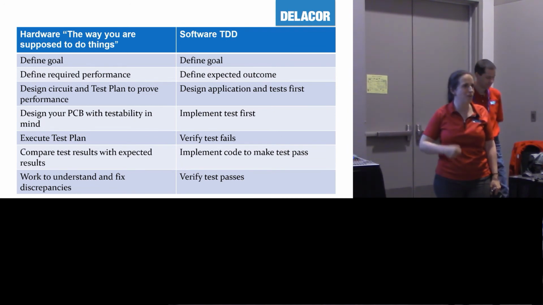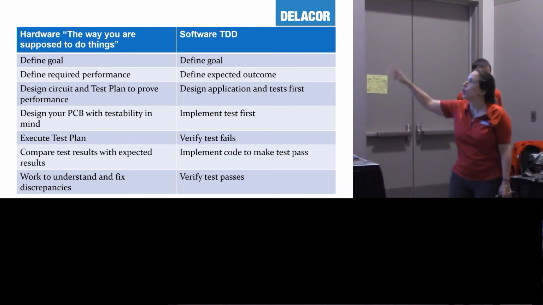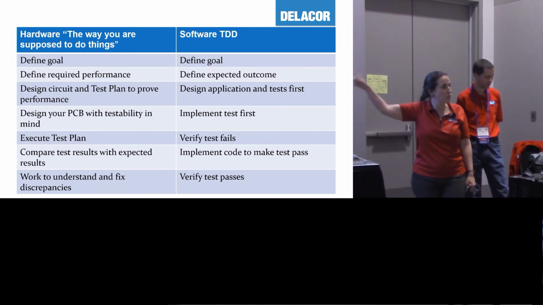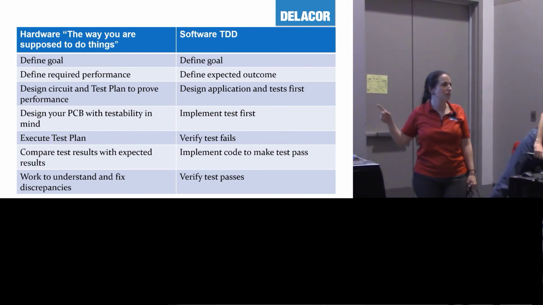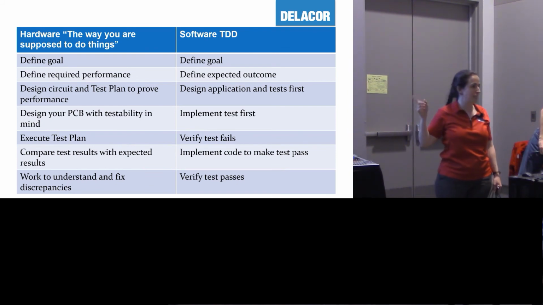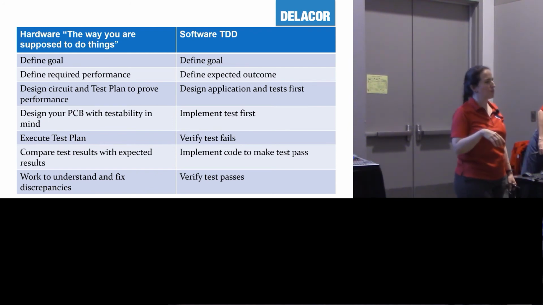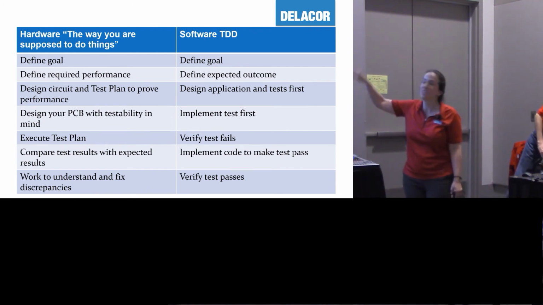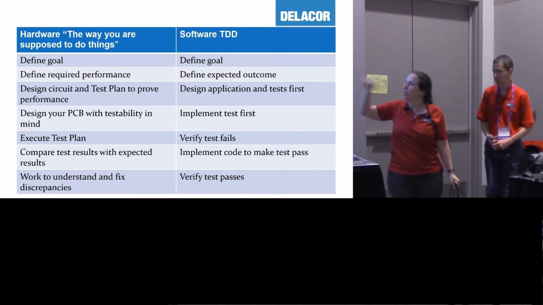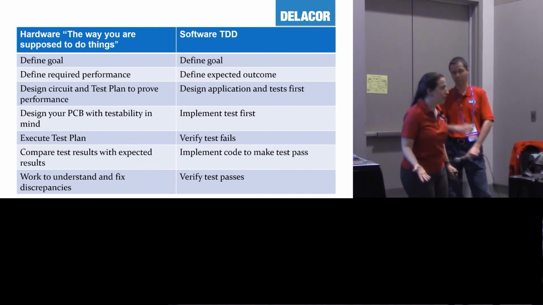That means drawing on paper, deciding what the unit tests are, what the critical parts of our code are. We implement the test first. We verify that that test fails. I had an engineer who used to work for me who would create all his unit tests passing from the beginning without first implementing code. That kind of defeats the purpose, so make sure it fails. Then you implement the code to make it pass, and then you verify that it passes.